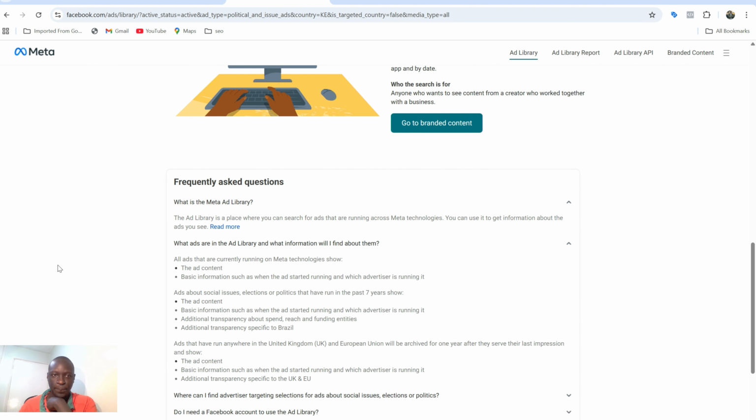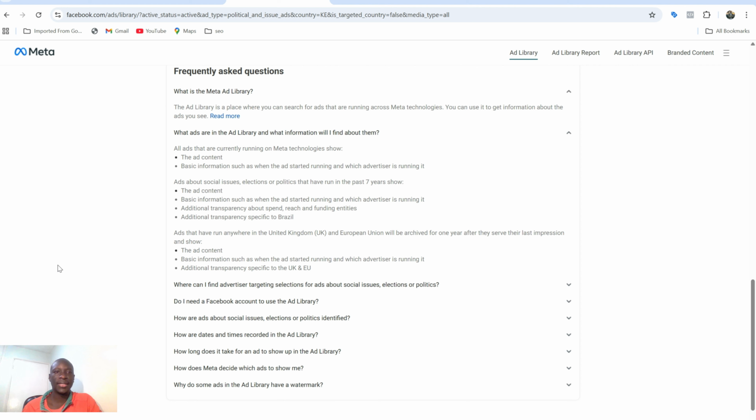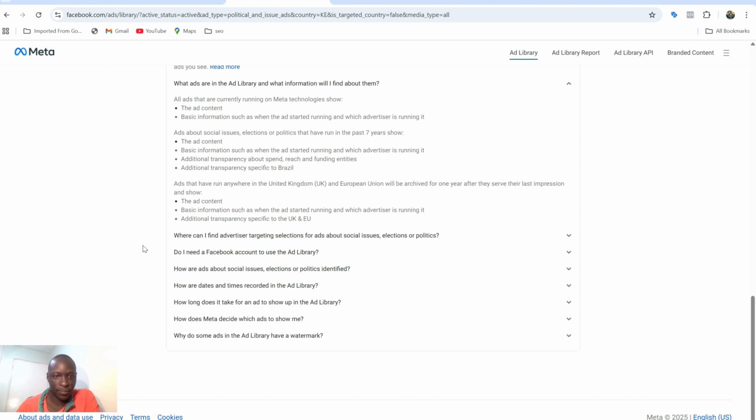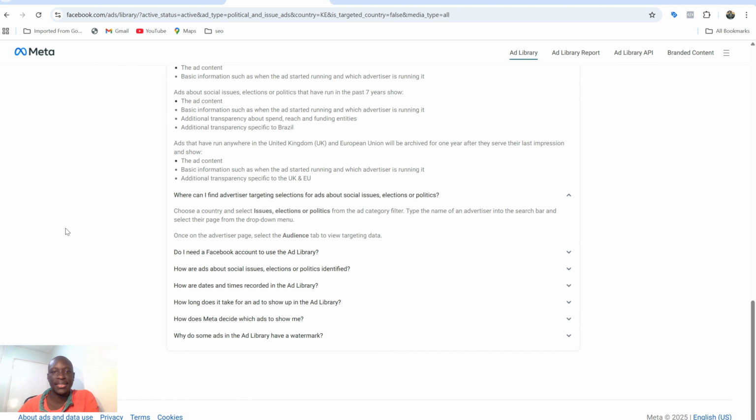And then you get to find out information about ads in terms of their content, basic information like when the ad started and which types of ads they're using. In some instances, you can find out more information about targeting, and this is open to anyone.